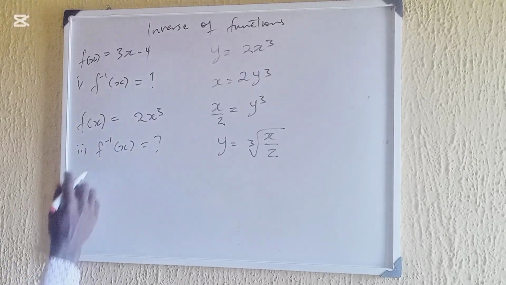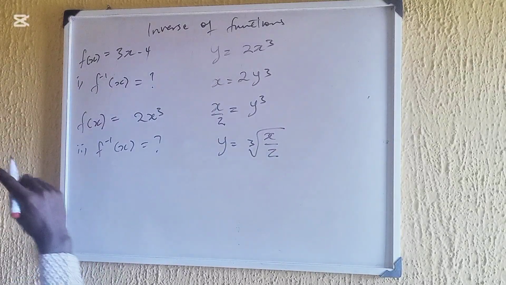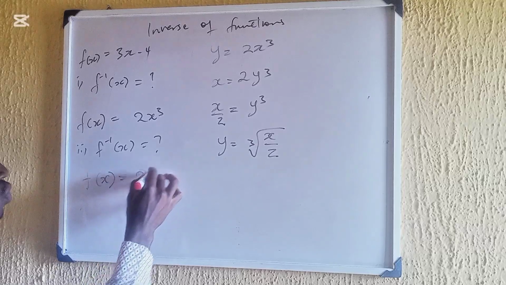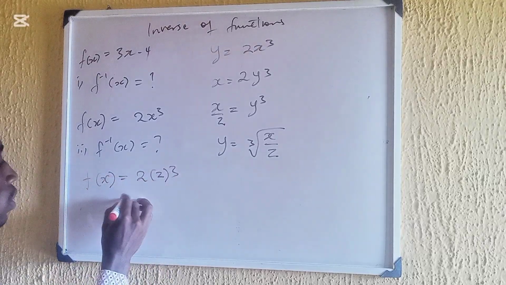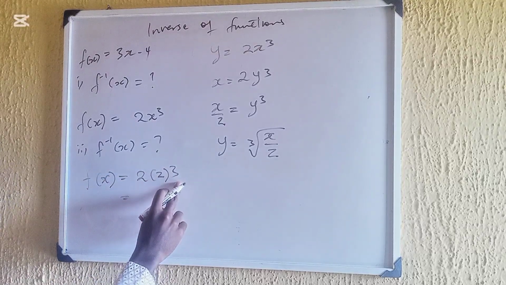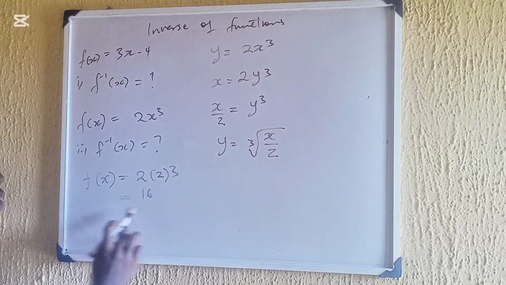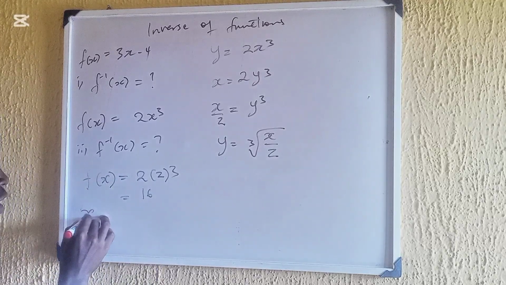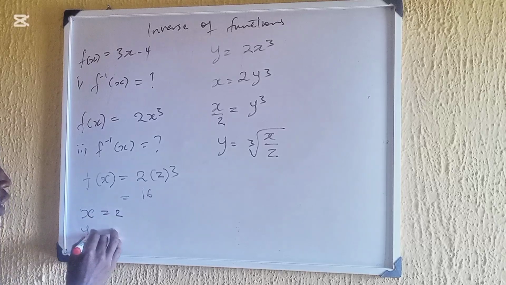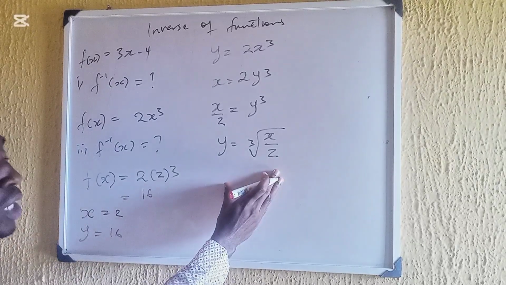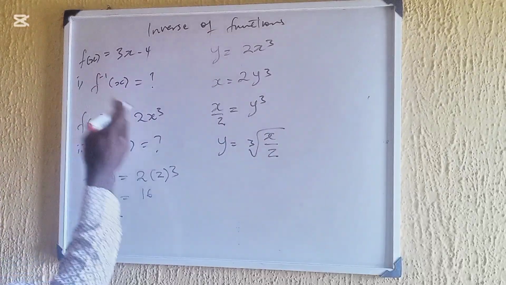Now let's say x is equal to 2 here. We'll be having f of x equal to 2 into 2 to the power 3. This gives us 2 to the power 3 is 8 times 2, 16. So f of x is equal to 16. In other words, when x is equal to 2, y is equal to 16. Now, what do we do to confirm if this is actually the inverse of this function?